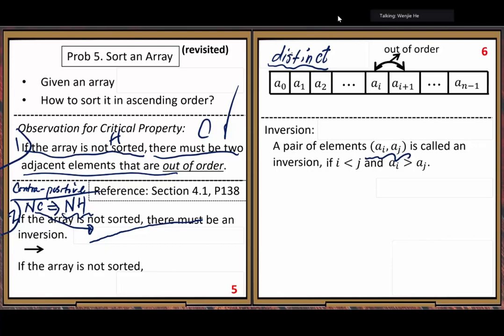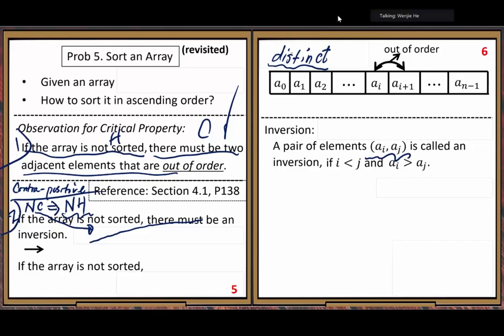But look at the hypothesis, the first part of the sentence: the array is not sorted. Do you get a contradiction? When you get a contradiction, based on the contrapositive method, the negation of the conclusion part is wrong.